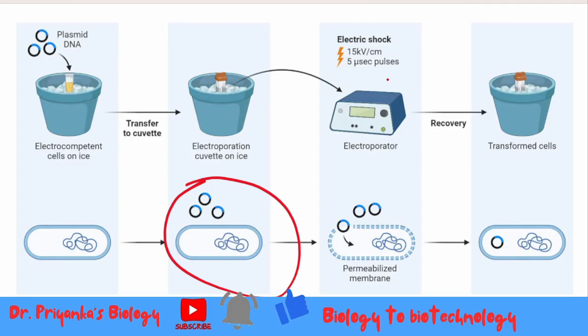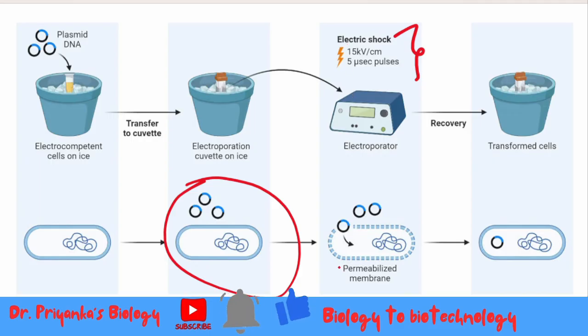Now this is introduced into the electroporator where we give the electric pulses for some predetermined time. This is decided based on the literature, the nature of the cell, the nature of the DNA; all these things will be taken into consideration, and then only we will decide the duration or the conditions to be followed during this electroporation.